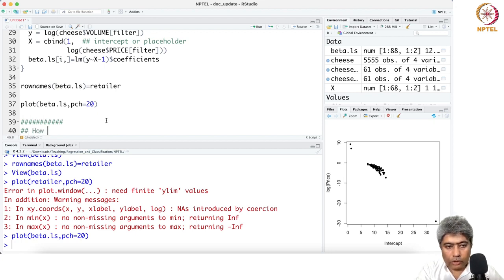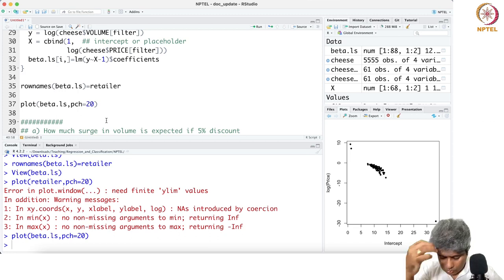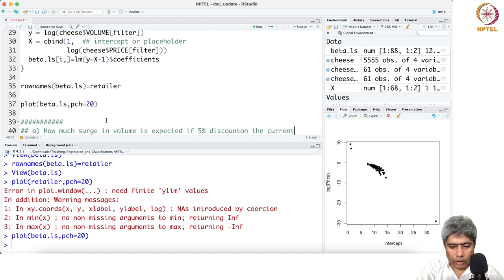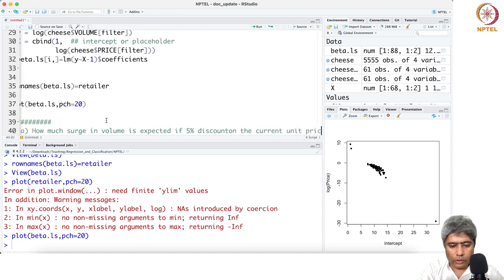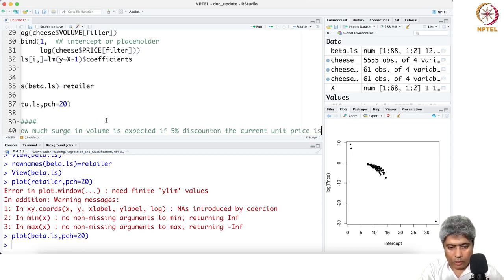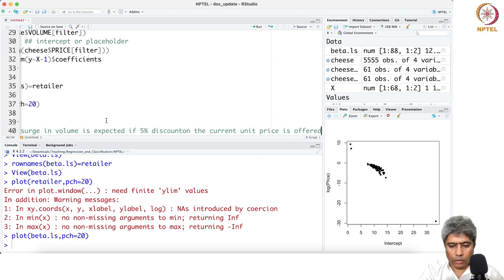First question: how much surge in volume is expected if a 5% discount on the current unit price is offered?